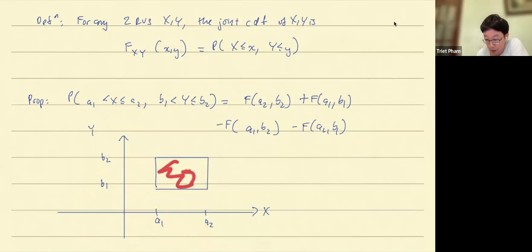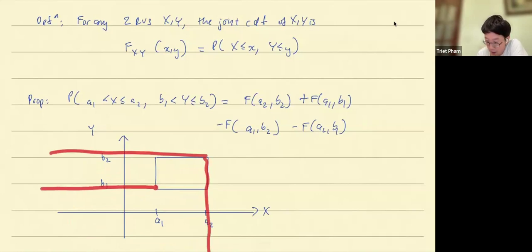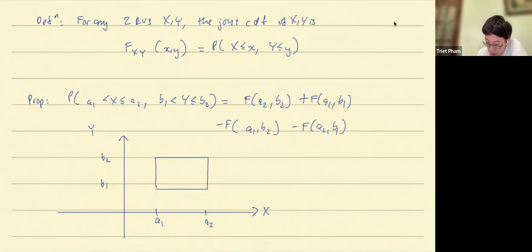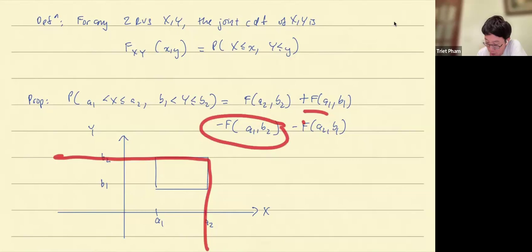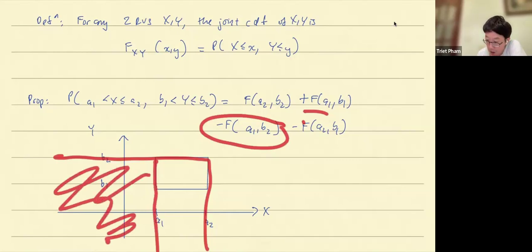If you want to look at the area of this rectangle, you should look at this big area, subtracting the small area. Hold on. Not really. You add, but why? Let's see. You take this area, you subtract A1, B2, which makes sense.